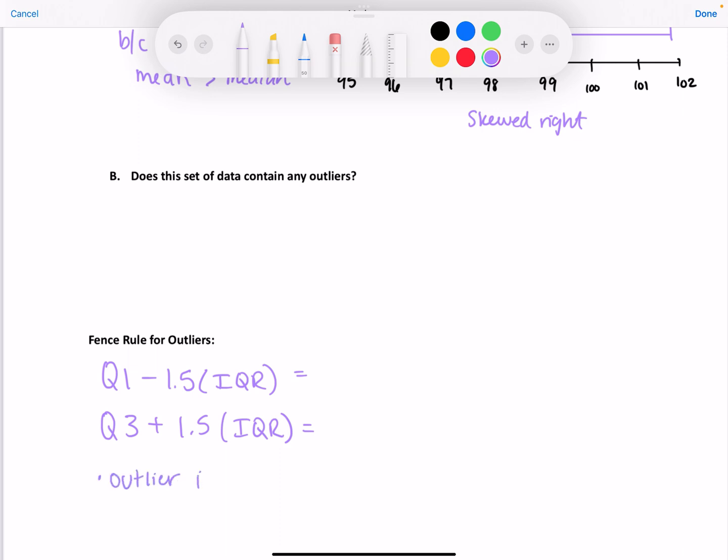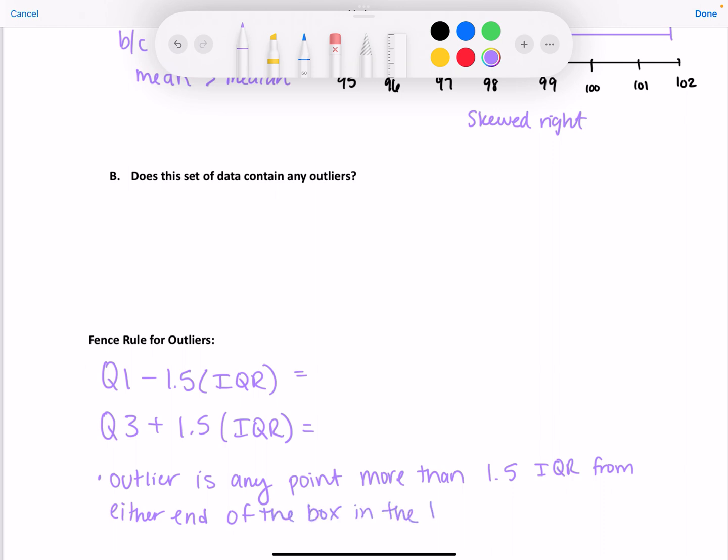An outlier is any point more than 1.5 IQR from either end of the box in the box plot, so from Q1 or Q3. Basically just in words what's written in the formula there.